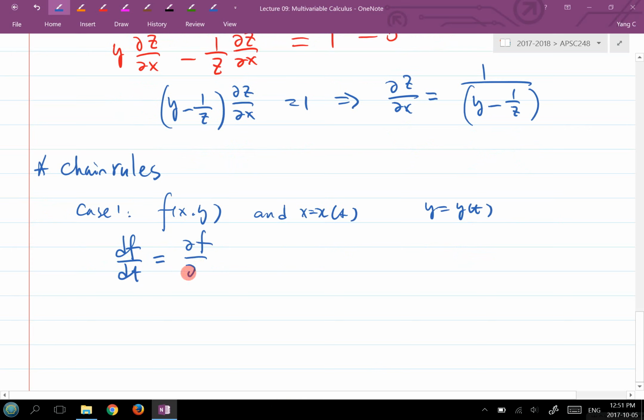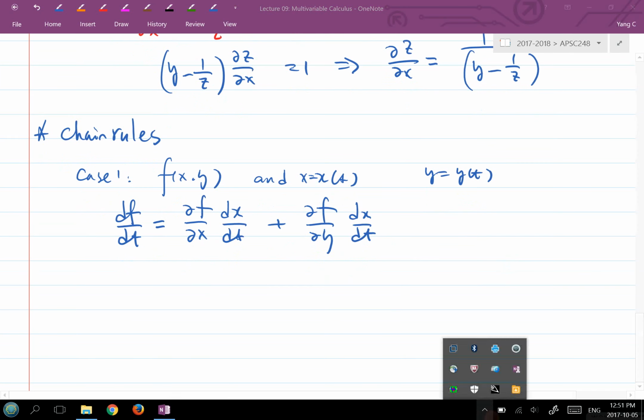But if you use the chain rule, this is how it goes: partial f over partial x first, times dx over dt, plus partial f over partial y, times dy over dt. Whether you really need to use the chain rule is probably not necessary, but if function f is a very complicated function of x and y, this way may simplify the computation quite a bit.